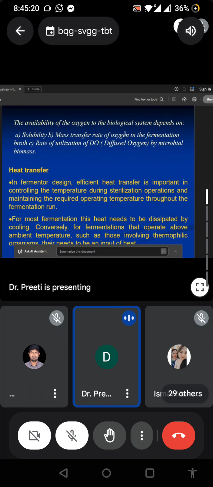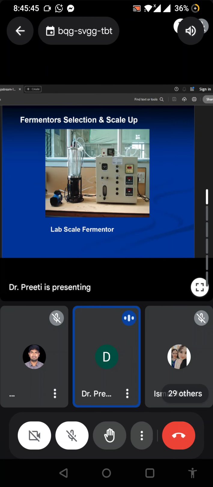Solubility, then mass transfer rate of oxygen in the broth, and how much the bacteria is able to utilize it. So it will depend on all the factors. Then heat transfer. Heat transfer means temperature should be kept uniform, whatever is required operating temperature. So for that, usually jackets are given to maintain the temperature.